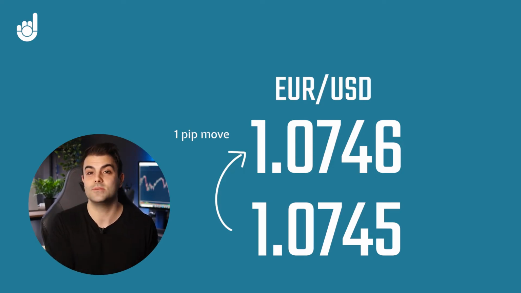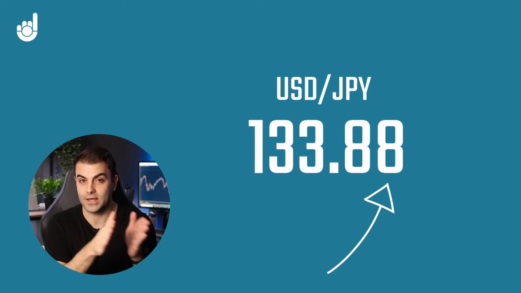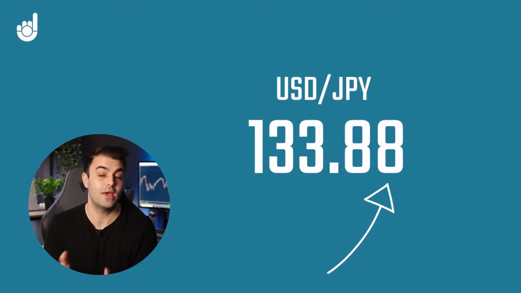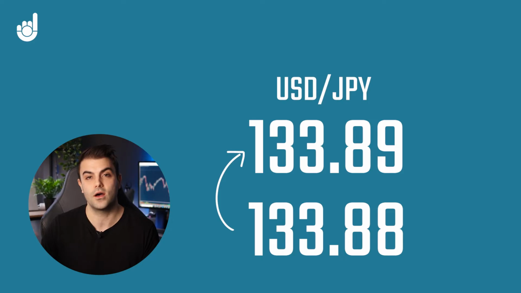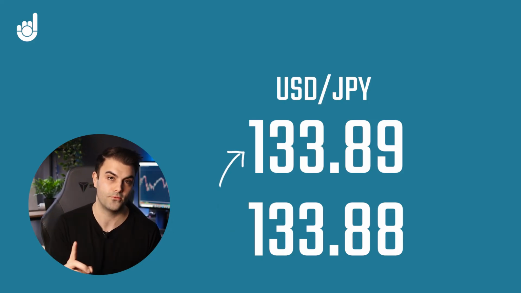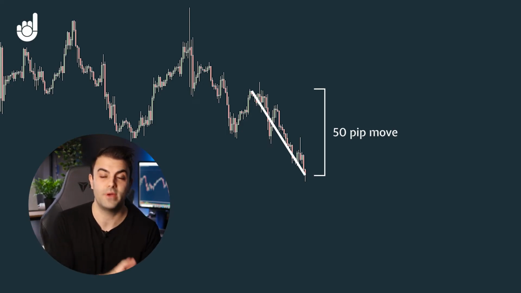However, for some currency pairs, it's going to be a bit different, like dollar yen, that's the US dollar against the Japanese yen, where the pip will be the 2nd decimal place. So a move up from 133.88 to 133.89 will also be a 1 pip move. So we can measure how far the price has moved based on the number of pips.